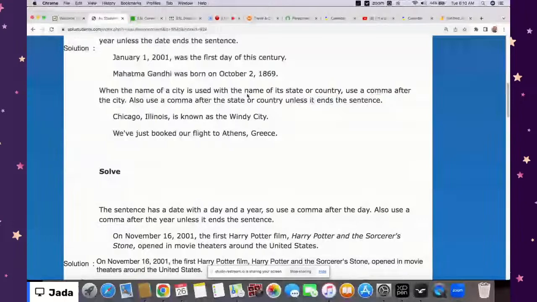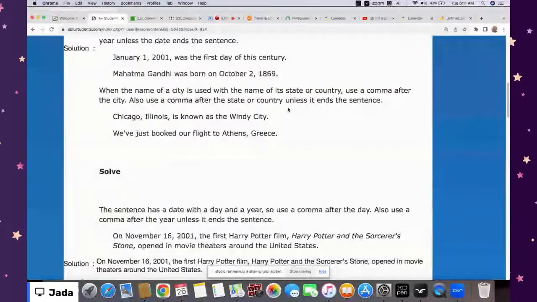Also use a comma after the state or country unless it ends the sentence. So if it's the last thing in the sentence, yeah, you do not use one. But if it's not the last, then of course you're going to use it.